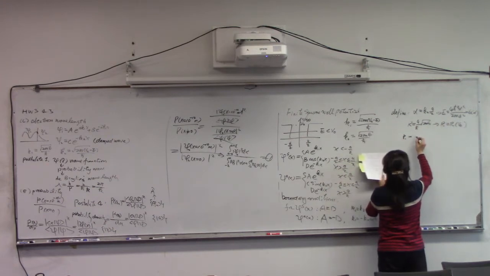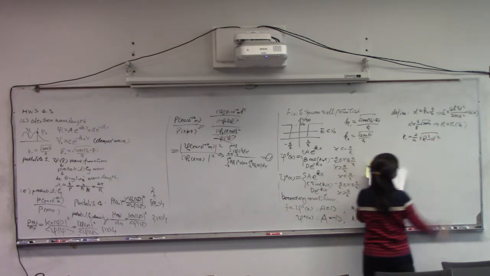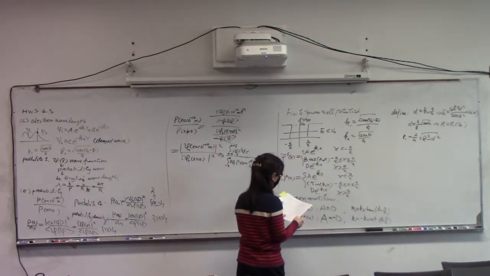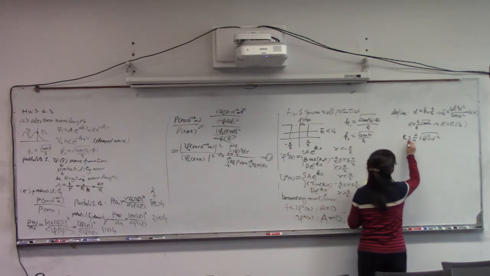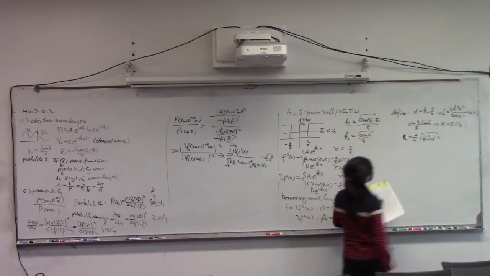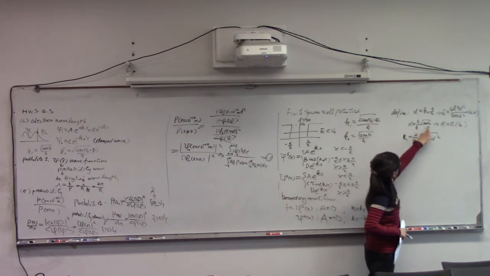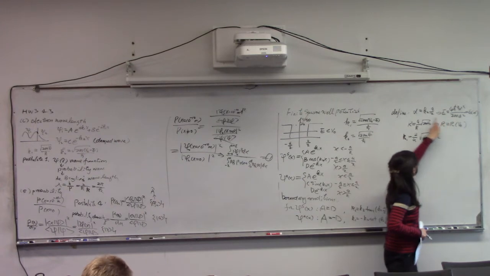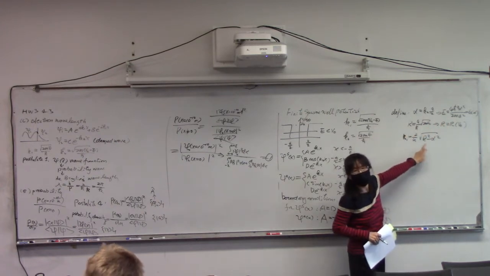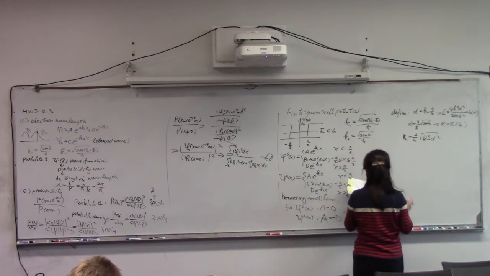We already discussed this before, so I'm going to use this. How to find K1 from this? You can find V naught as a function of R and put it here. Put this in here, so finally you will find this.